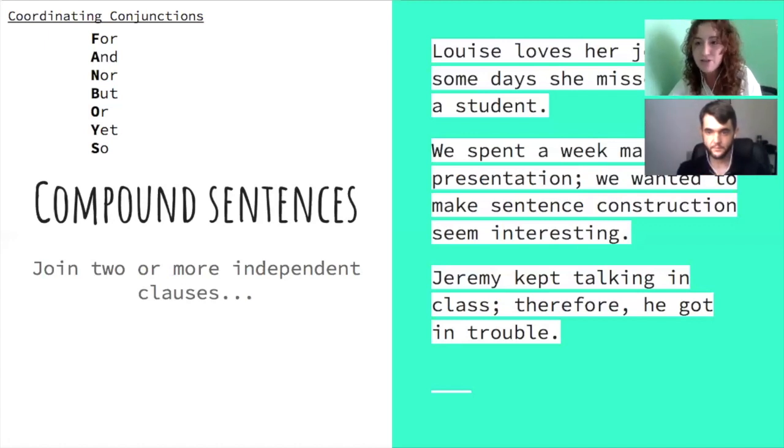Okay, so the second way to join two independent clauses is with a semicolon, just a semicolon. As in the example here, we spent a week making a presentation, semicolon, we wanted to make sentence construction seem interesting. I want to note you must never join two independent clauses in this manner with just a comma.